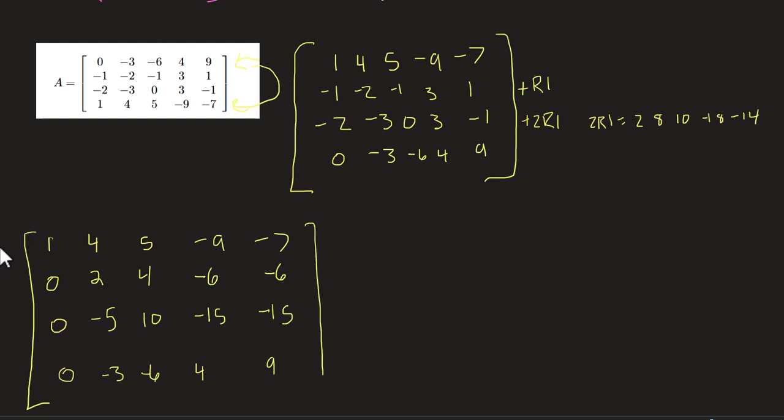And then, because I see that I can, I'm going to divide this row by 2, I'm going to divide this row by 5. I just noticed as I was writing it that they were multiples.